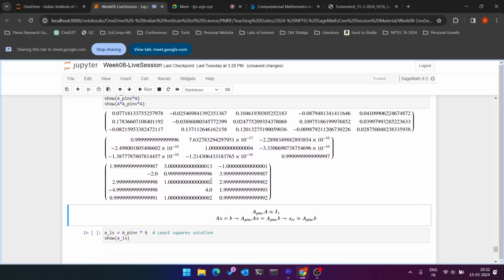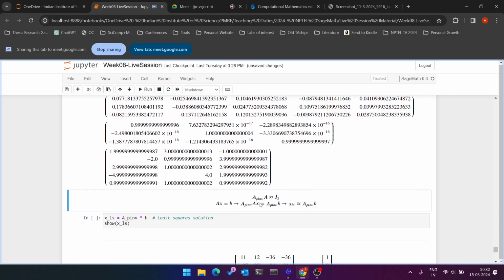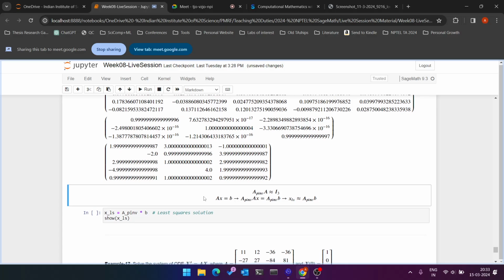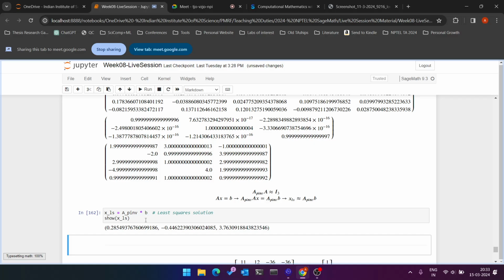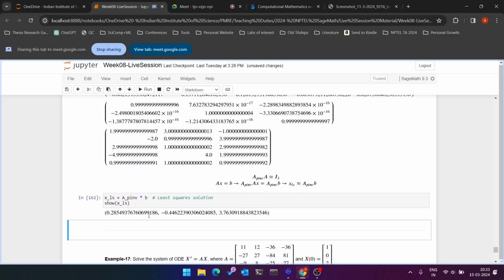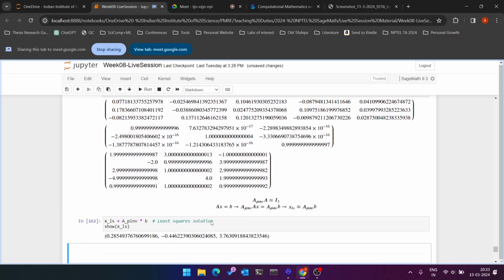How do we use this? We have seen that pseudo inverse of A into A is I3 and we have Ax equal to B. So if I pre-multiply with pseudo inverse of A on both LHS and RHS, I get pseudo inverse of A times A times X equals pseudo inverse of A times B, which means my least square solution X looks like pseudo inverse A into B. So my least square solution, as I mentioned, is pseudo inverse A multiplied by the vector B. So if I show XLS, this is how it looks like: 0.285, minus 0.44 and 3.77.